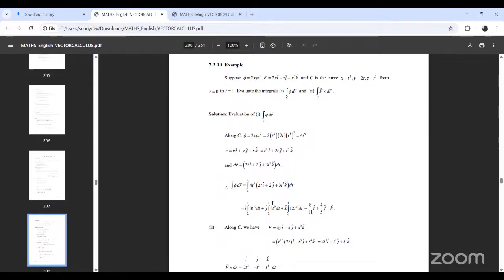Now we have to do that integration with respect to t, so we are getting 8 by 11 into i, plus 4 by 5 into j, plus k.